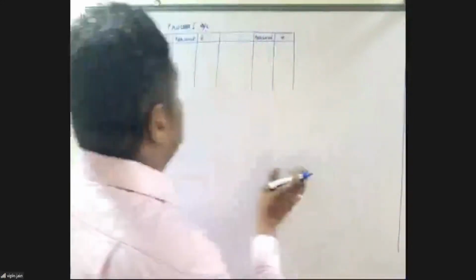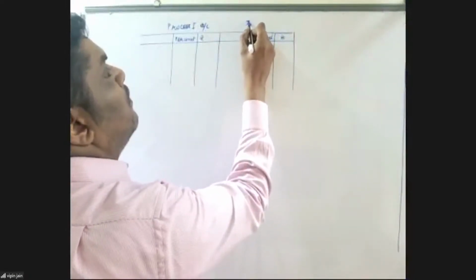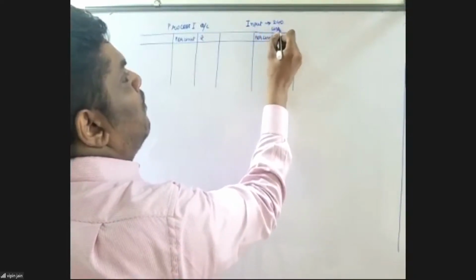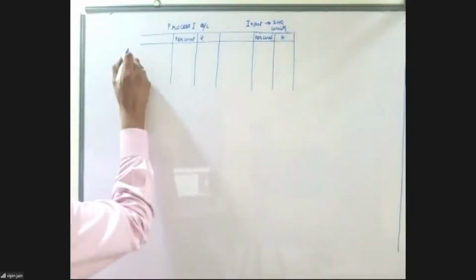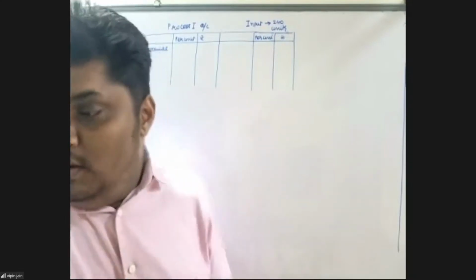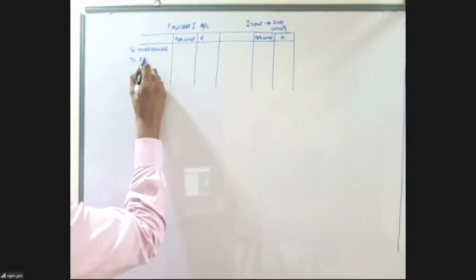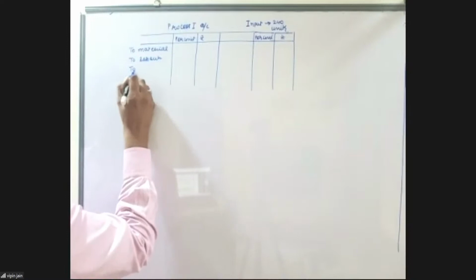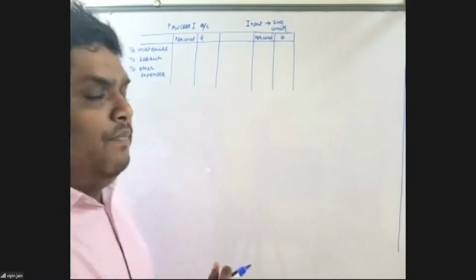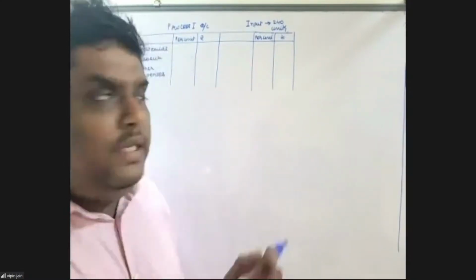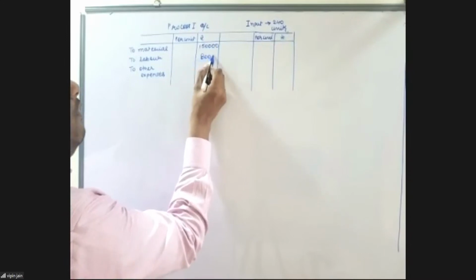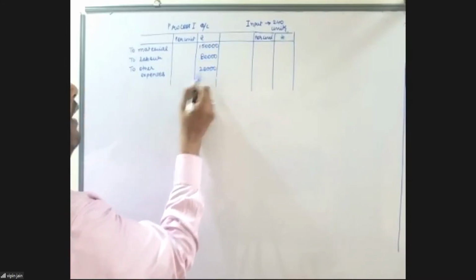Further, we'll write material, labor, and other expenses: 1,50,000, 80,000, and 26,000.